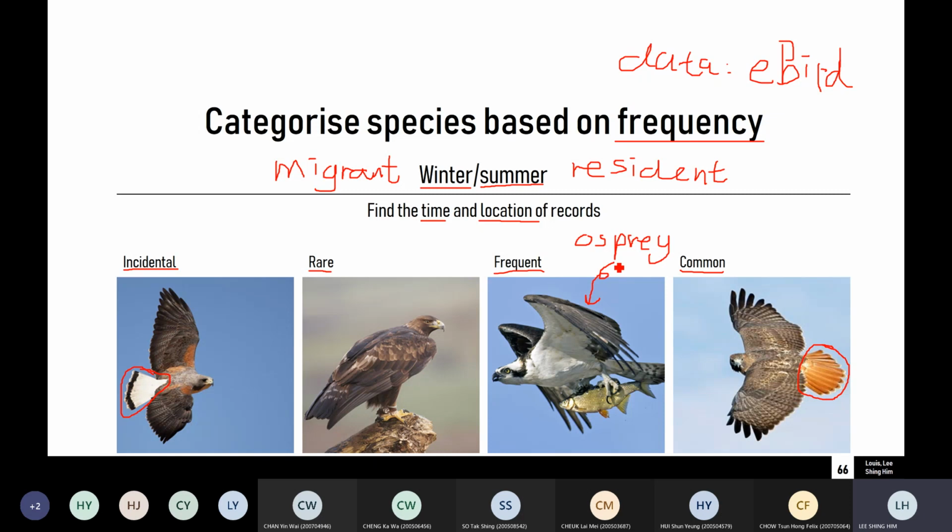In Chinese, this is 魚鷹. 魚 is fish, okay? 魚鷹, okay? 鷹 is this eagle. Because it fishes, that's why we call it 魚鷹. And then you can see golden eagle here. Okay, this is golden eagle. 金雕. Okay.